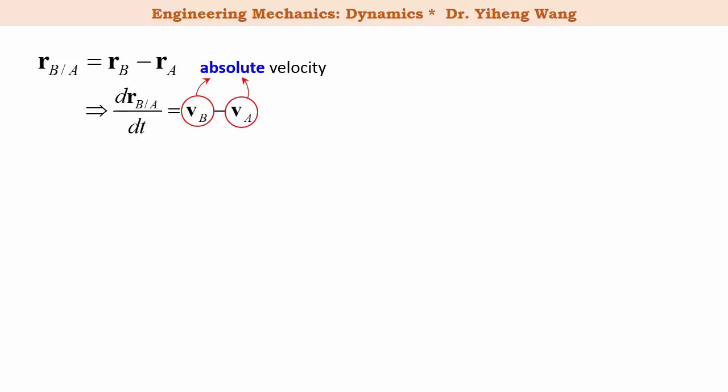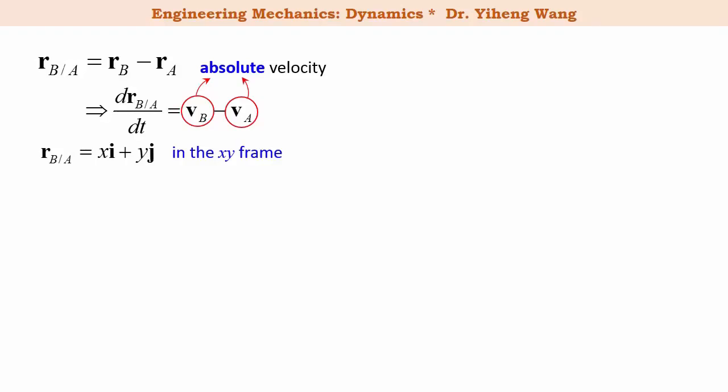Now, to get the relative velocity equation, again, let's take the time derivative of this relative position equation. Don't forget the right-hand side is the difference of the two absolute position vectors. Therefore, after we take the time derivative, the right-hand side is now the difference of the absolute velocities Vb and Va. Let's focus on the left-hand side. Again, the relative position vector is represented in the xy frame, the rotating frame.